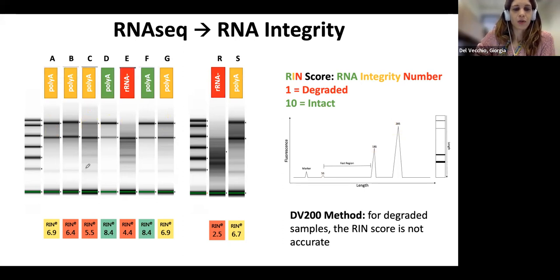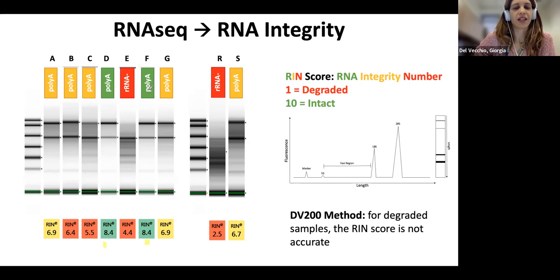Okay, so how are we going to proceed for the enrichment part once we have the information about the RNA integrity? If we have the green light, so good quality RNA, we can perform a poly-A capture. That's perfect.